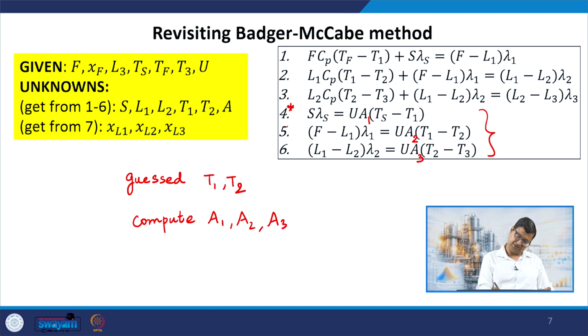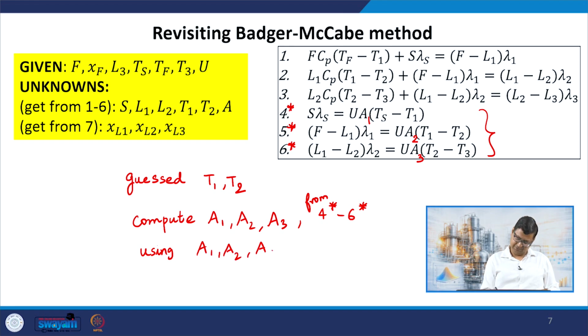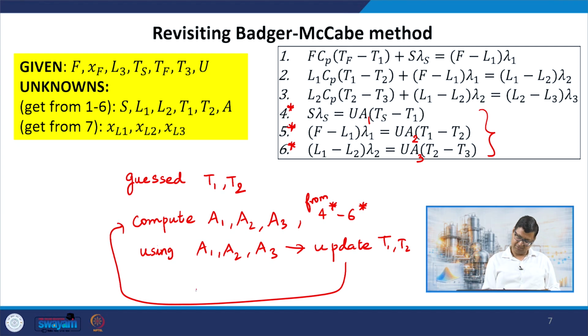Let me call these equations 4 star, 5 star, 6 star, just to make sure that these are not the same equations. And using this A1, A2, A3, we update the T1 and T2, and then we go back here until convergence.